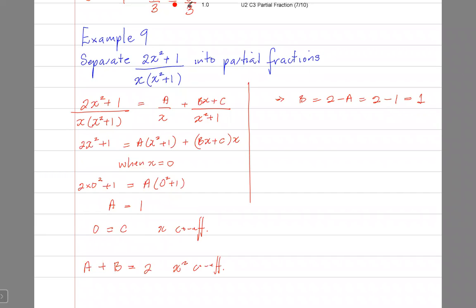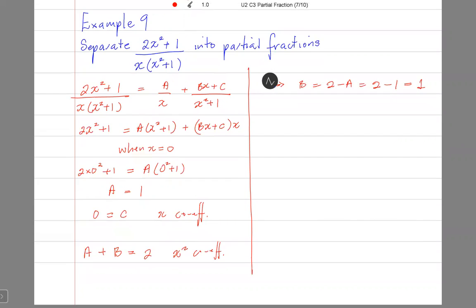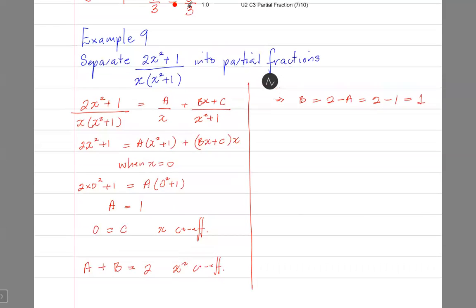It means therefore, guys, that 2x squared plus 1 over x into x squared plus 1 would be equal to a, which is 1 over x, plus b, which is also 1.